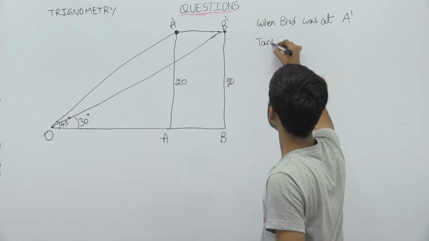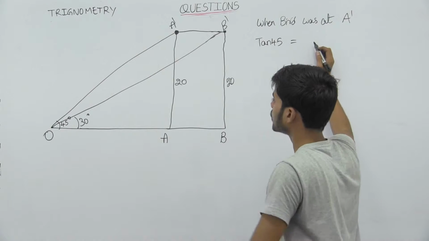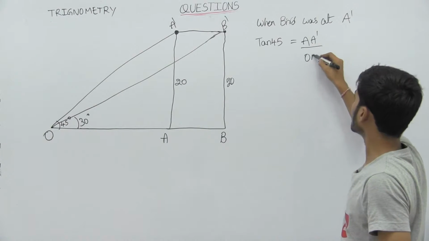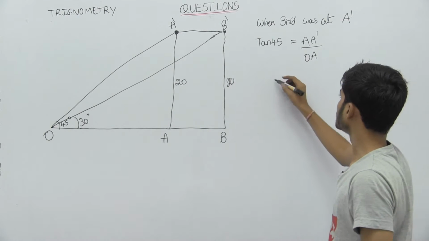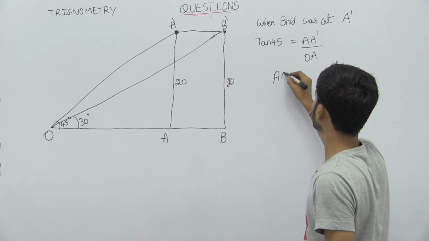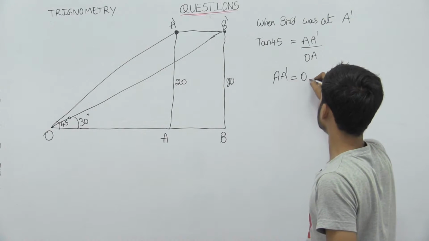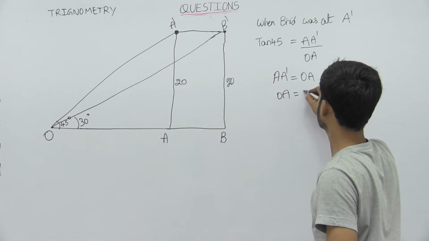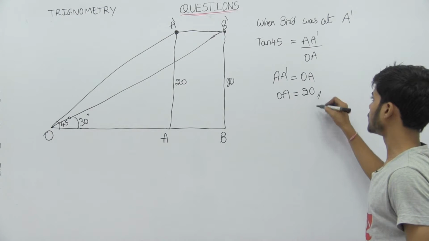Tan 45 is equals to A dash by OA. Tan 45 is 1, so we have A dash is equals to OA. So the distance OA is also equals to 20 units.